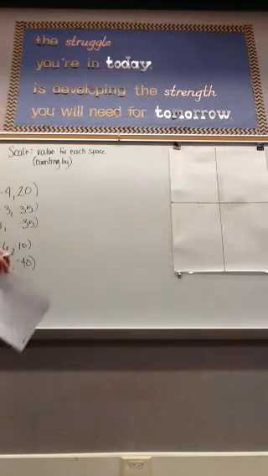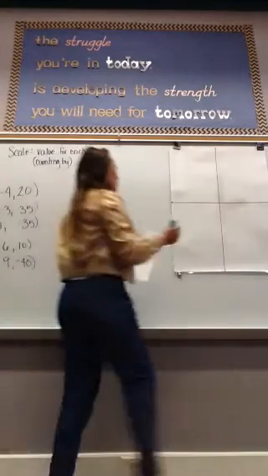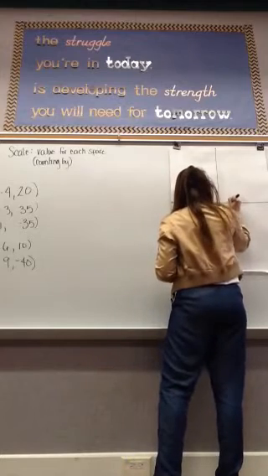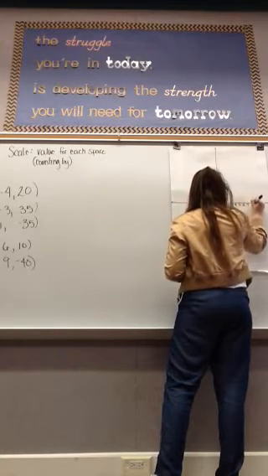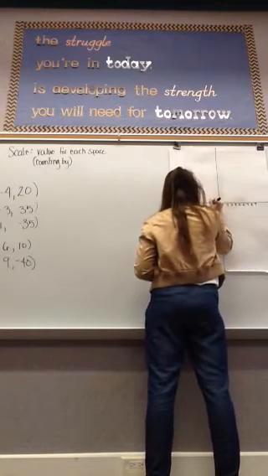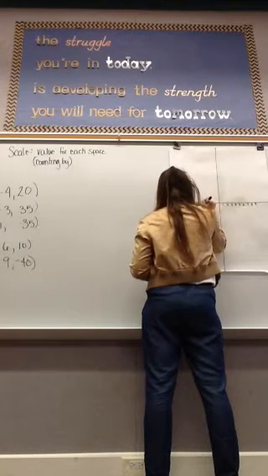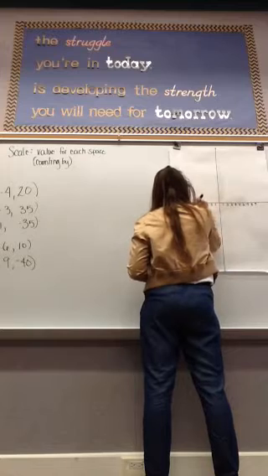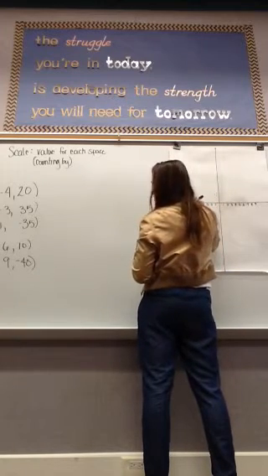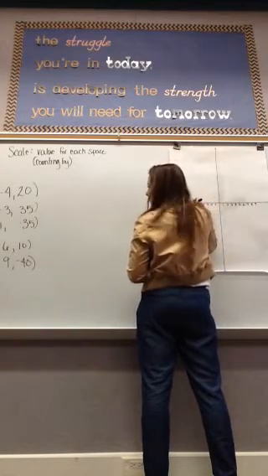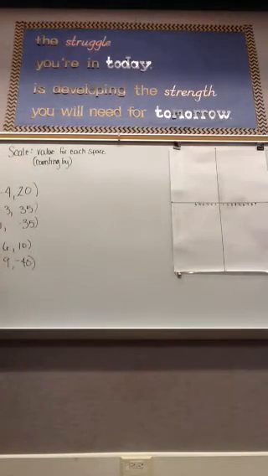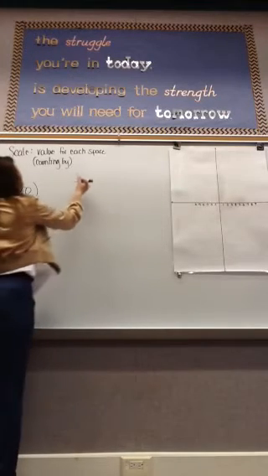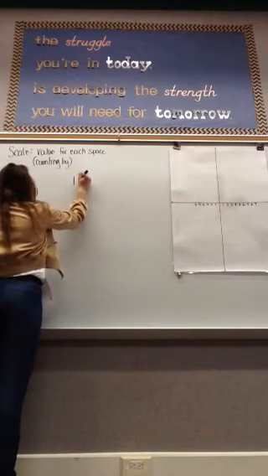If we counted by ones, we could have that. 1, 2, 3, 4, 5, 6, 7, 8, 9, negative 1, negative 2, negative 3, negative 4, negative 5, negative 6. And that is far enough. That will include all of our x-coordinates. So our x scale is going to be counting by ones.